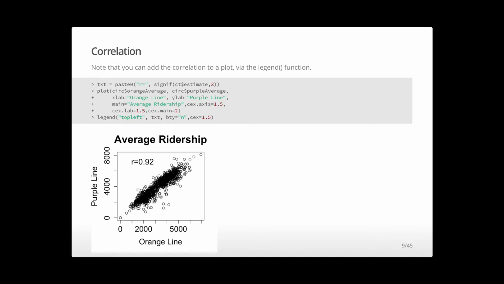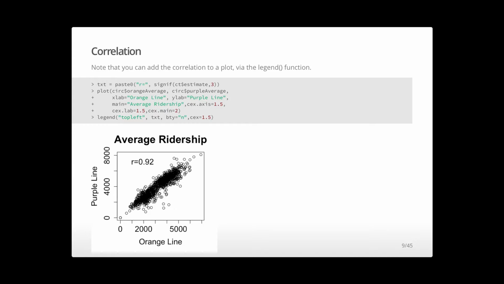In ggplot2, I would highly suggest looking at the annotate function, A-N-N-O-T-A-T-E. That allows you to annotate plots very easily, to place text on them. Text or legend is a function in R that allows you to put text in here.